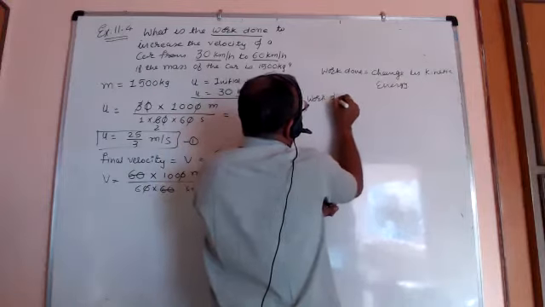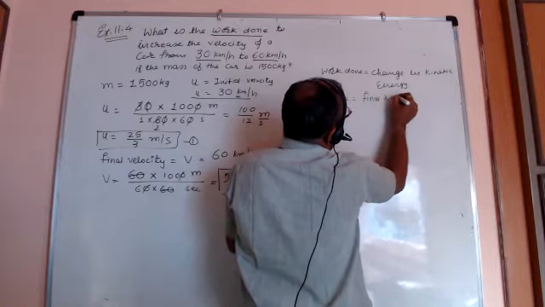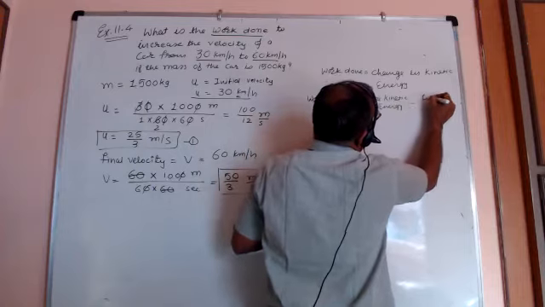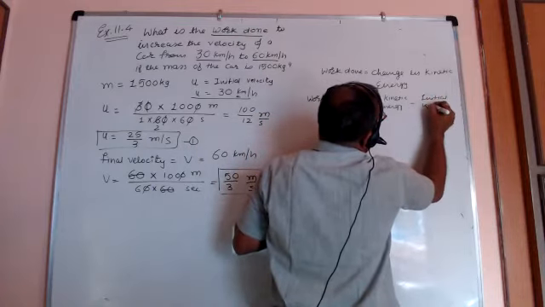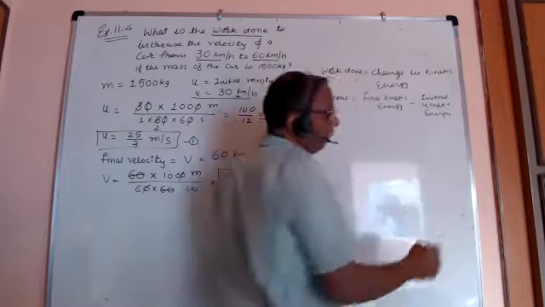So work done is equal to final kinetic energy minus initial kinetic energy. This is an important one.